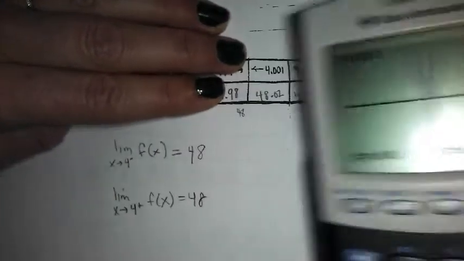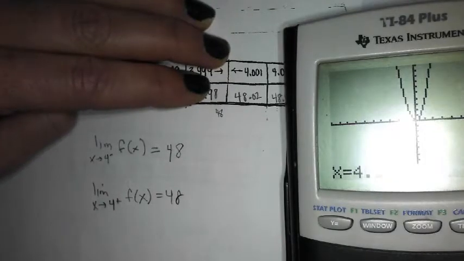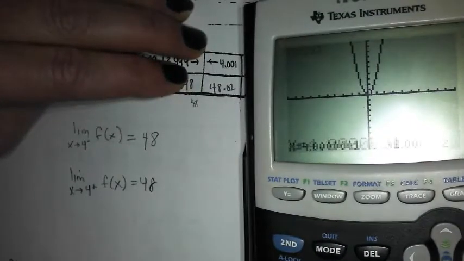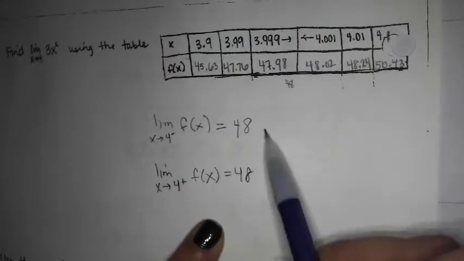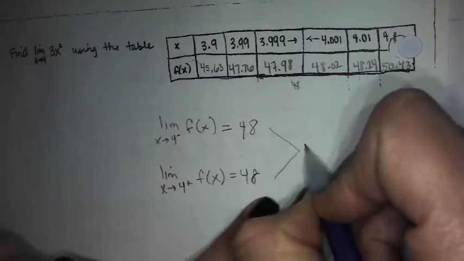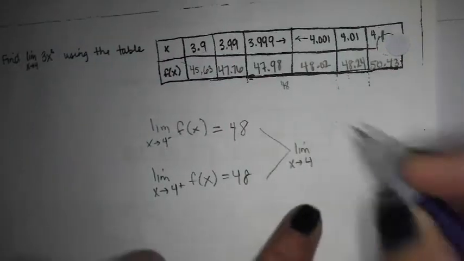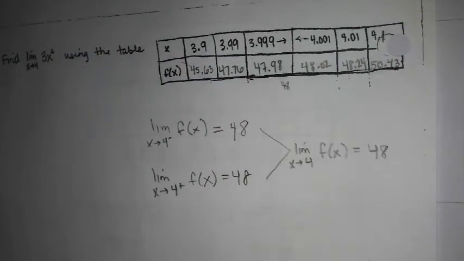And again, I could do second trace and find a value at 4.000 and get kind of infinitely close to actually 4, and you get 48.002. So on both sides, regardless of which side you're approaching from, we are approaching 48 and they match. So the limit as x approaches 4 overall of this function is 48.